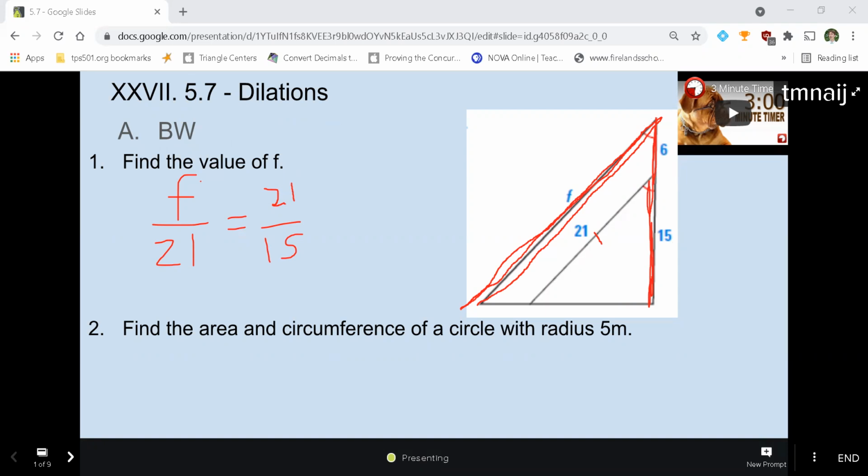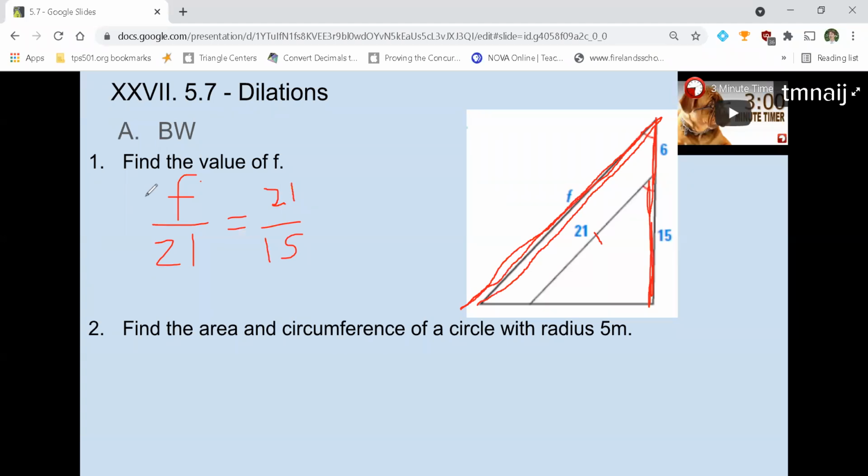In which case, now that we have the proportion written, what do we do? Brock, what do you think? Heck yeah, you cross multiply. So we'll get 15F equals 21 times 21.